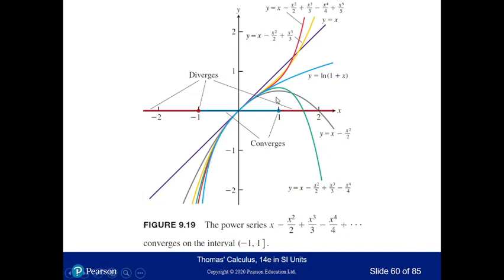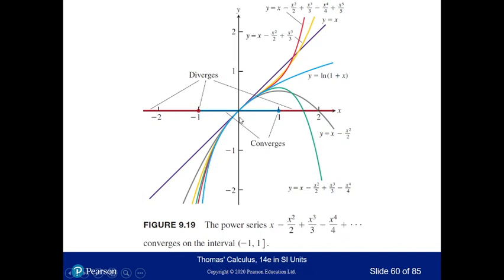And we have y equal to ln(1 plus x), all right? Between negative 1 and 1, this y equal to ln(1 plus x) can be expressed in terms of this power series, x minus x squared over 2 plus x cubed over 3 minus x to the 4 over 4, okay?